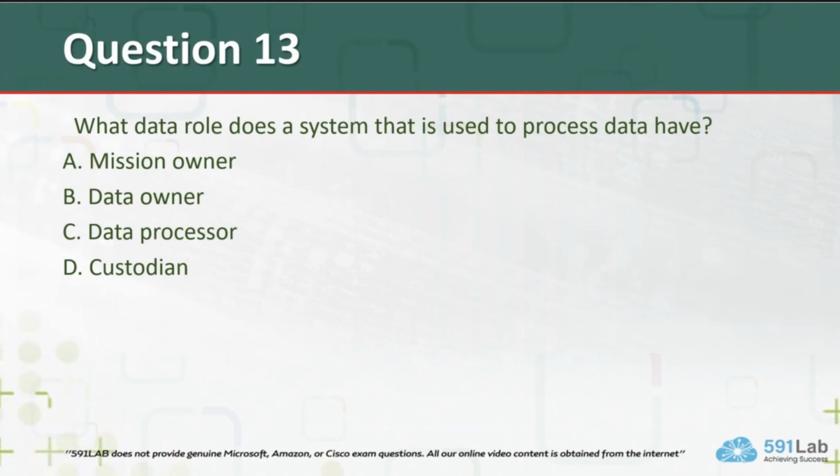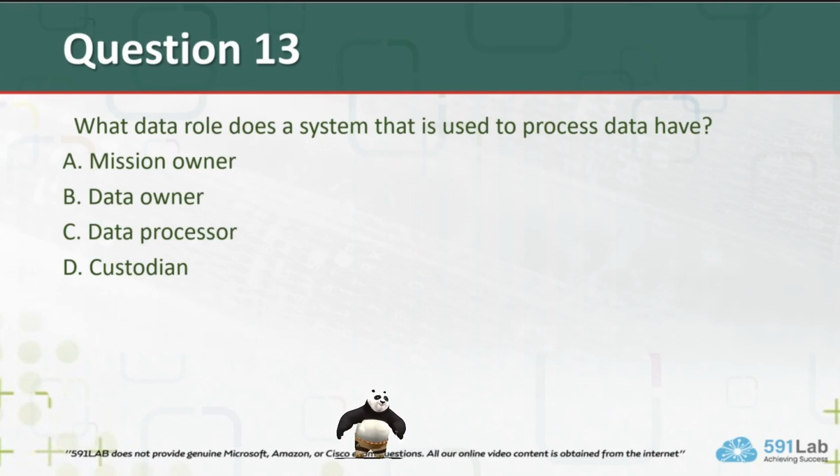Last question. What data role does a system that is used to process data have? Owner, data owner, data processor, or a custodian? So a system used to process data is a data processor. It's like using the data on a daily basis for the daily job.